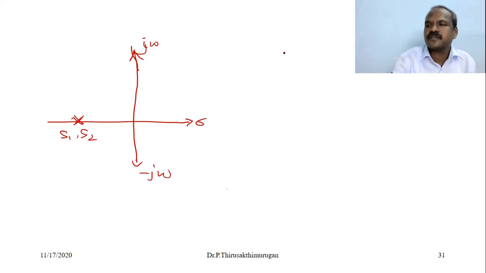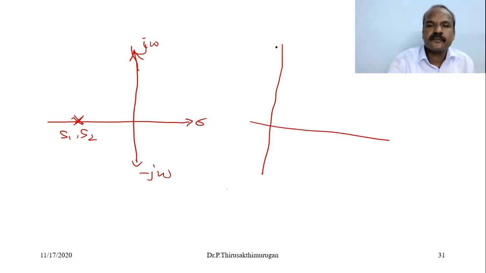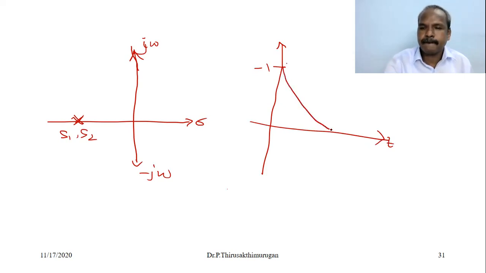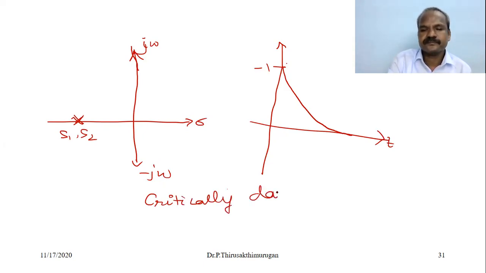So the response x of t for the solution will be like an exponential. So the location responds to the initial condition of the critically damped system. So when the roots are equal, it shows critically damped system.